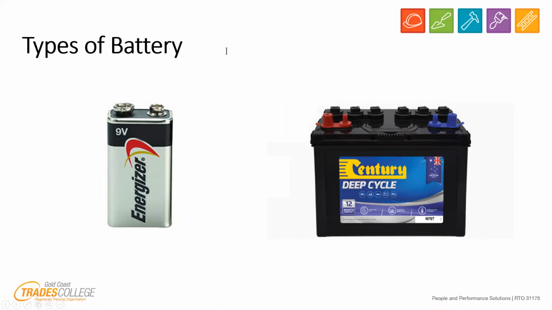So there's two different examples of batteries there. Now we can connect them in series and parallel. Batteries connected in series. If I was going to connect these two in series, I'll show you how I would do that in a second. You would add the voltage.